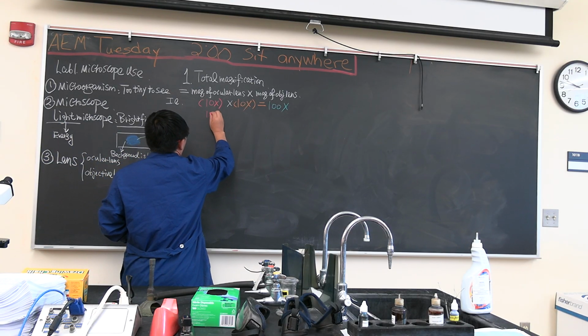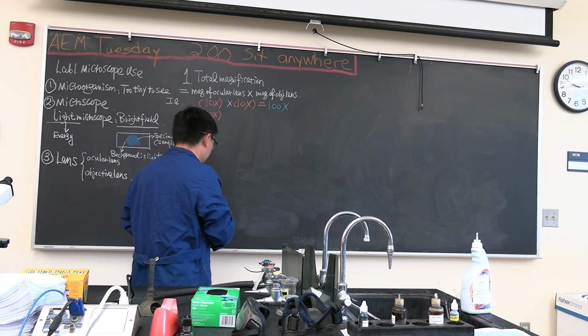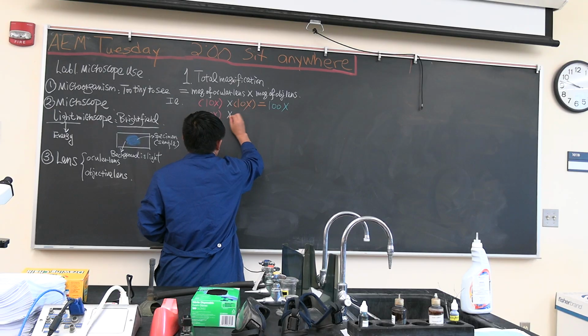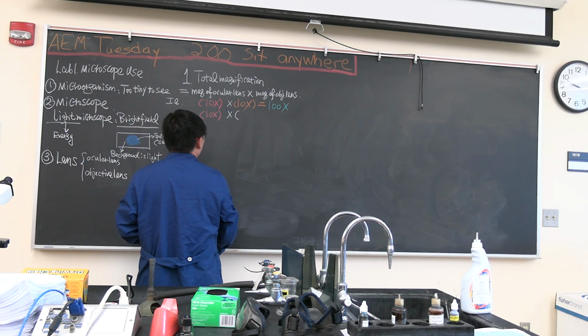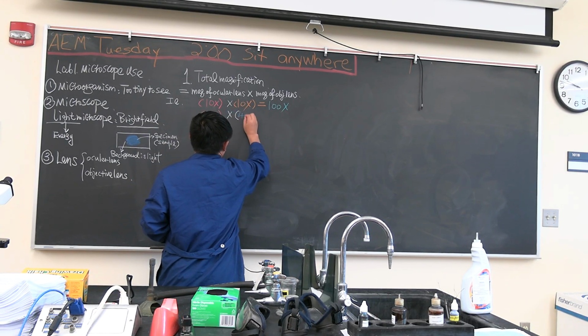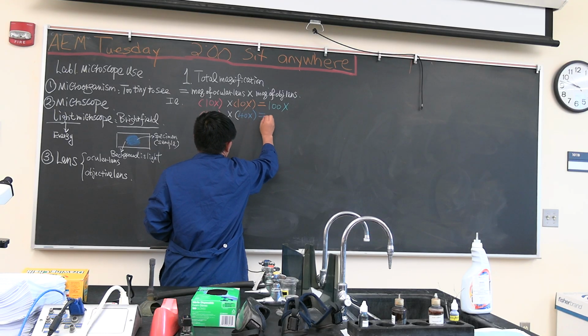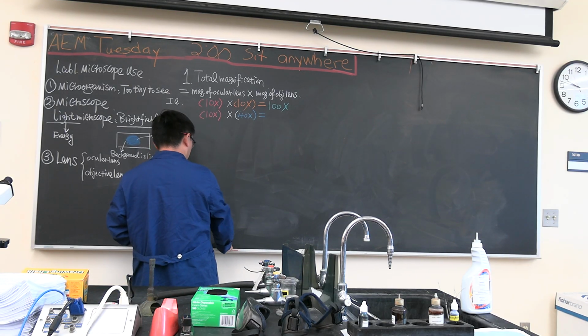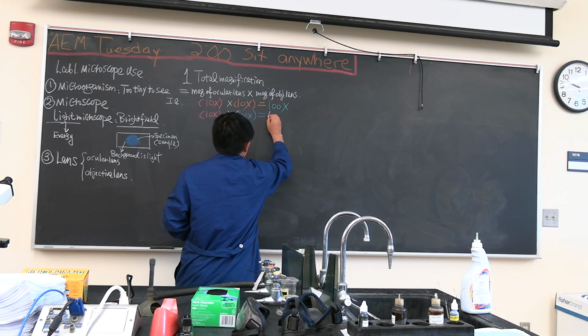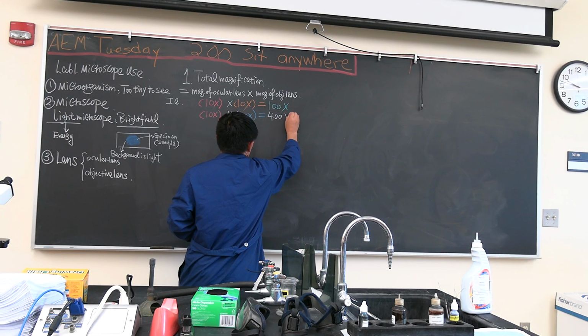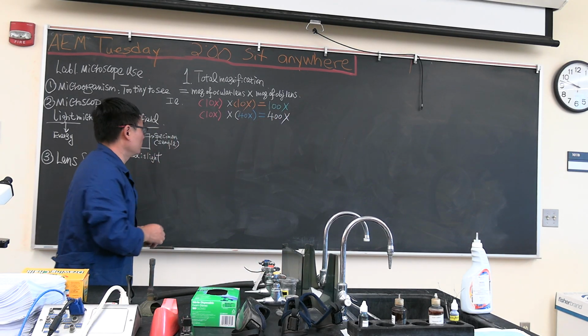Example 2: if the magnification of the ocular lens is 10x and the magnification of the objective lens is 40x, what is the total magnification? 400x. One more try.